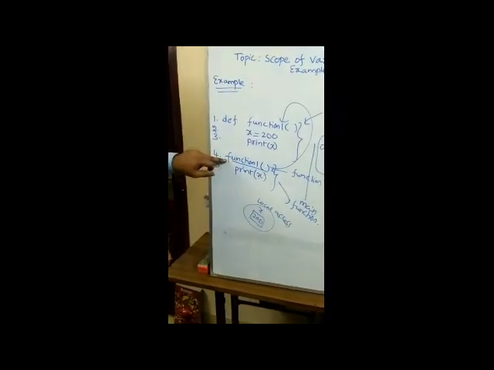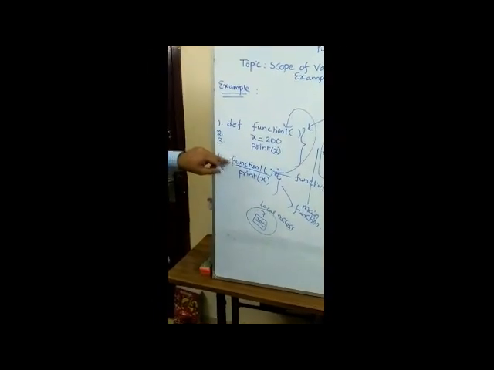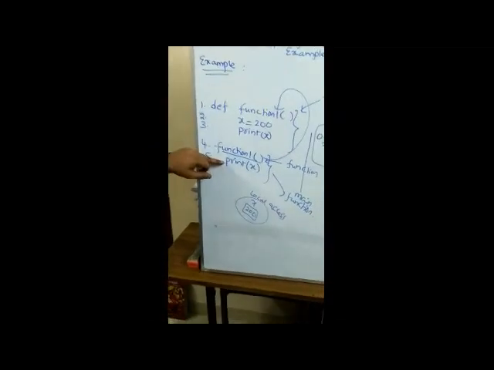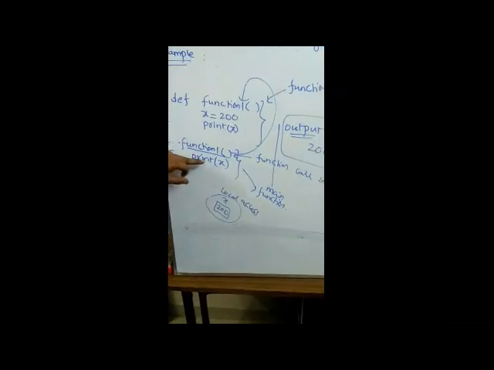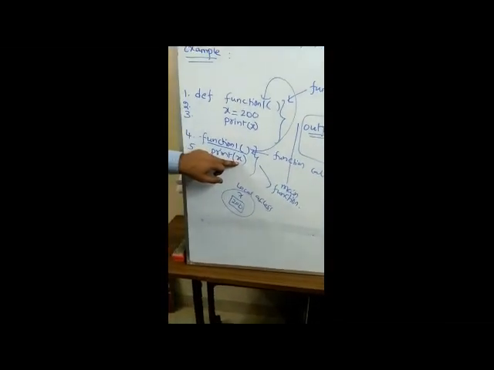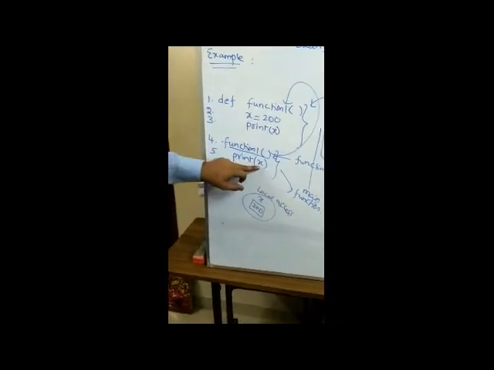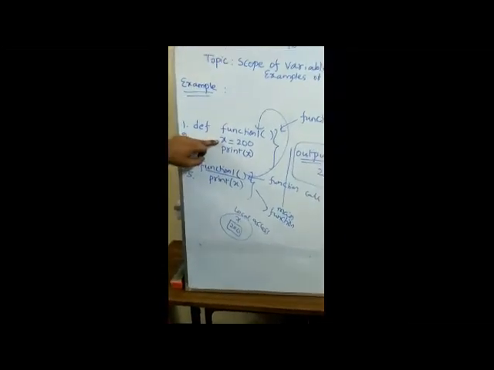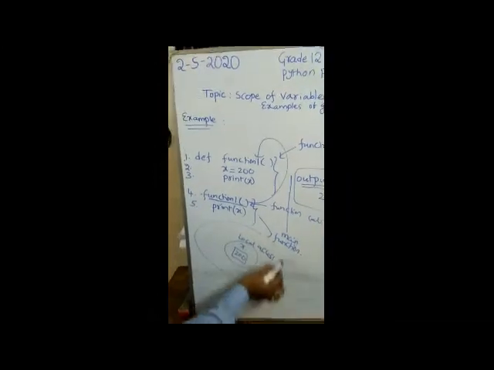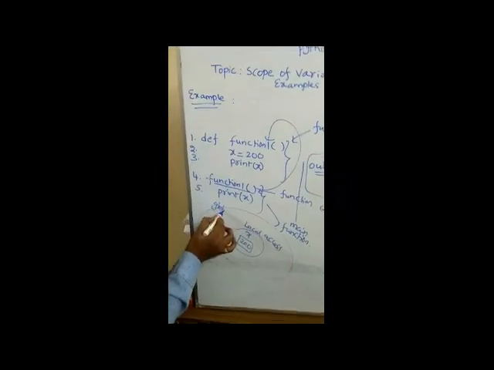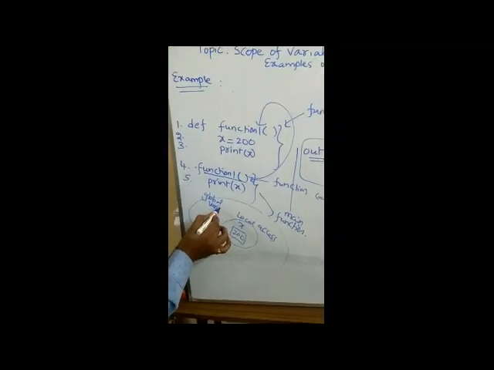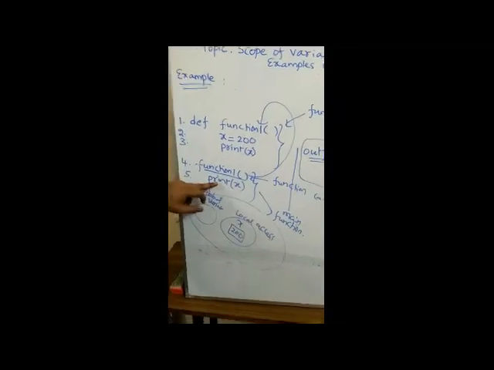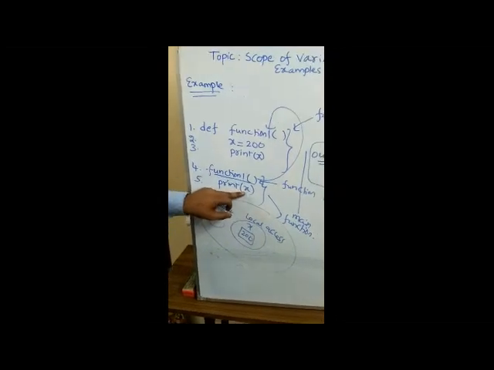Next, after completion of the function call statement, the fifth statement is print of x. Here this x refers to a global variable, but no global variable x is there. In global access, no x exists. That's why the x value doesn't print.